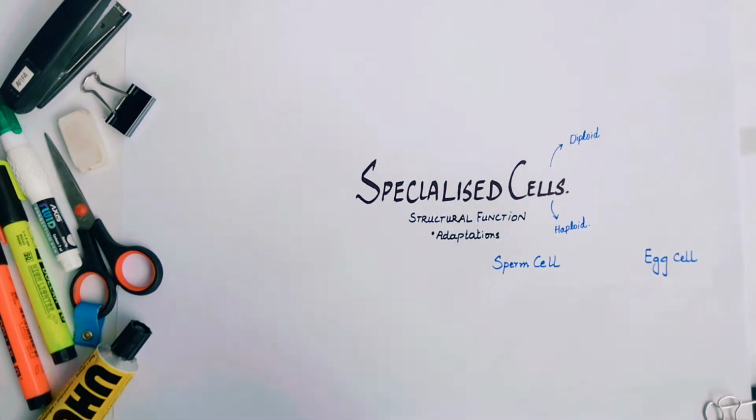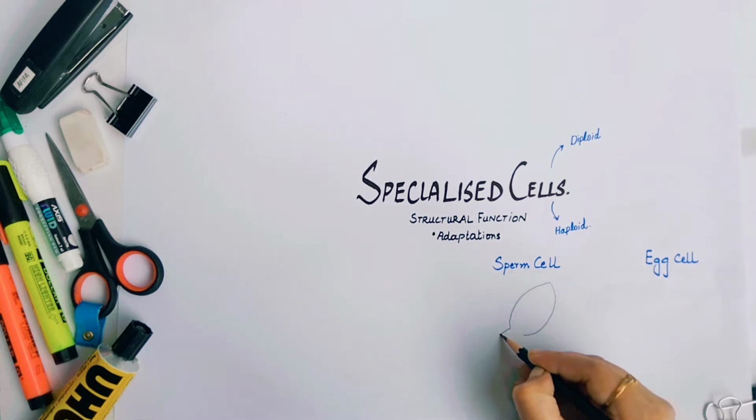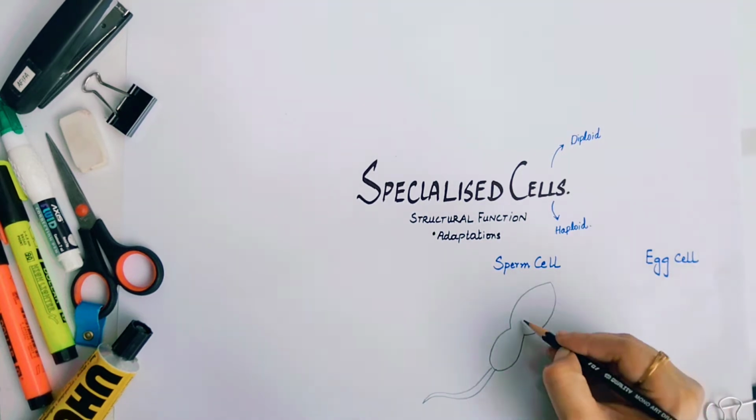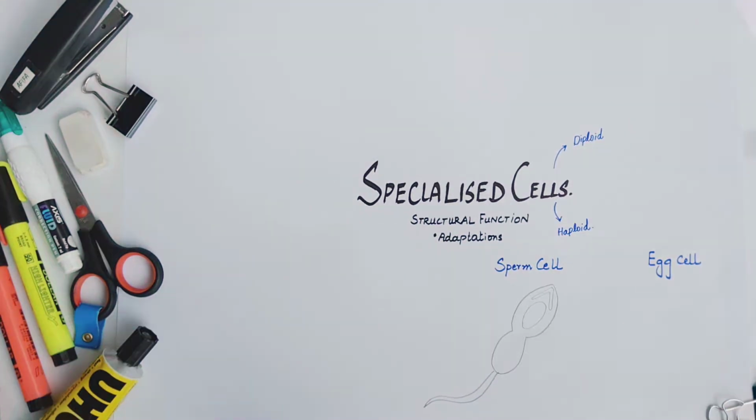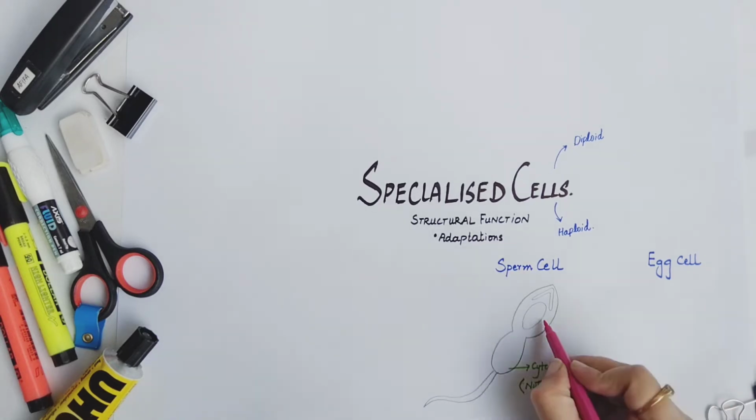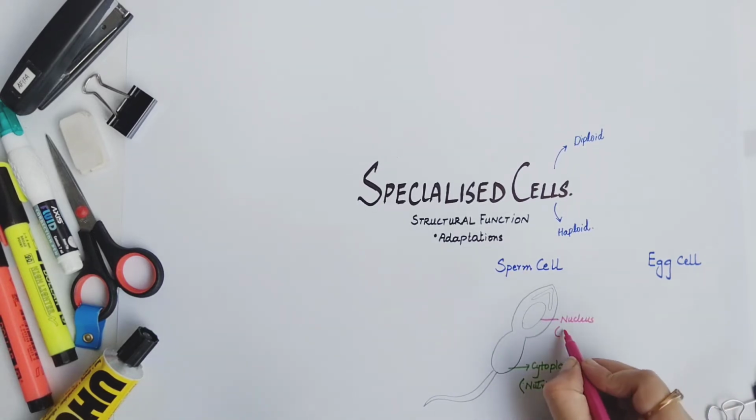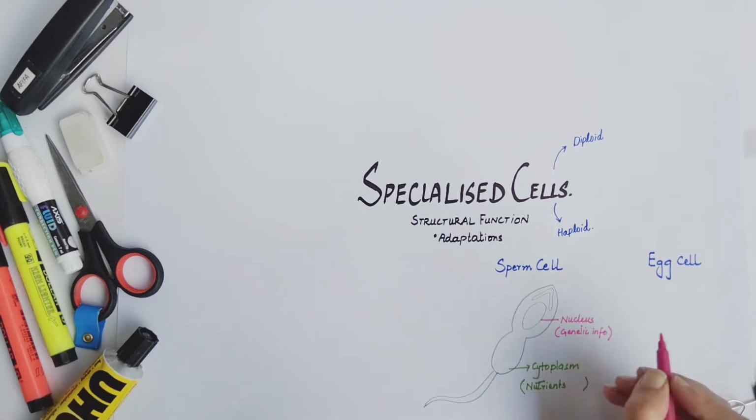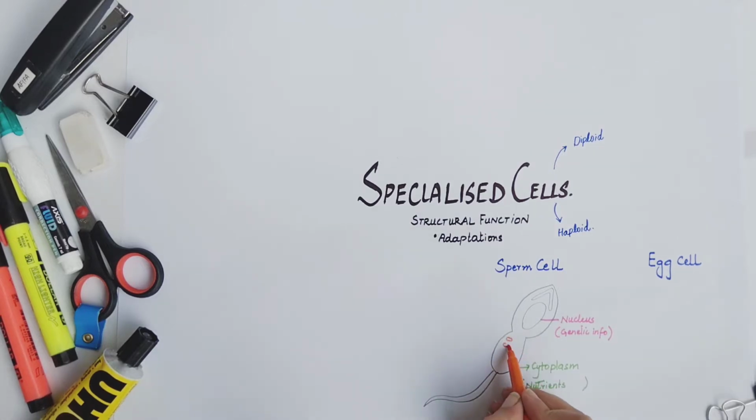For example, whatever structures are made, they have a specific purpose. You can see that this is the diagram of a sperm cell. A sperm cell has a very large cytoplasm. Why? Because it needs nutrients. Similarly, it has a large nucleus because it is responsible for the gamete information.